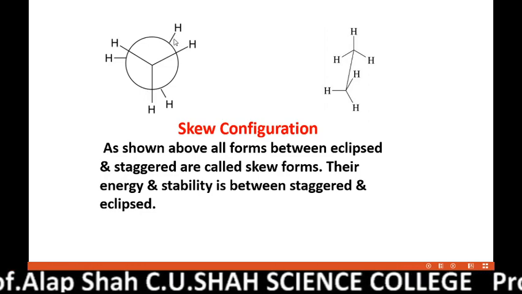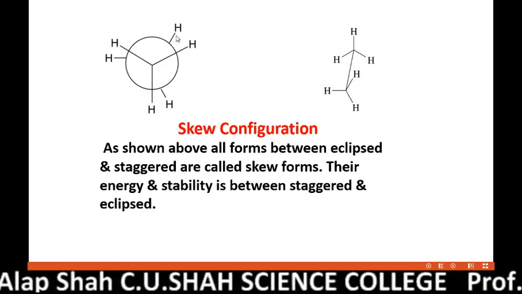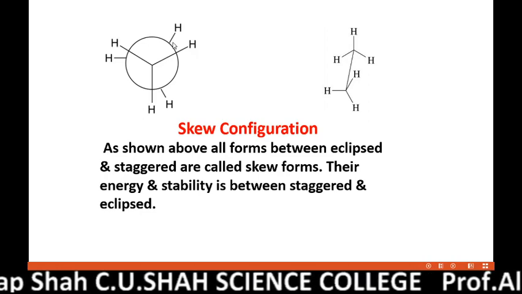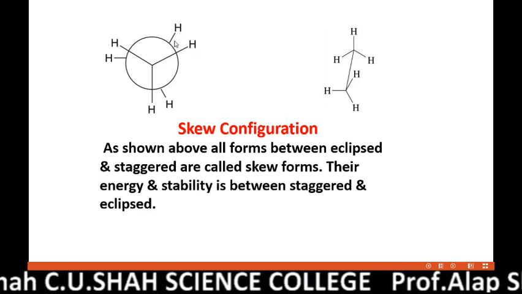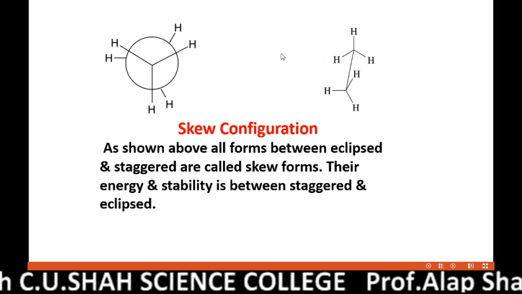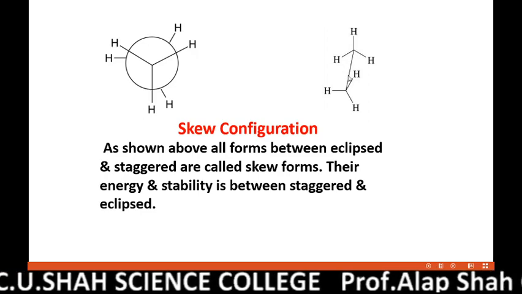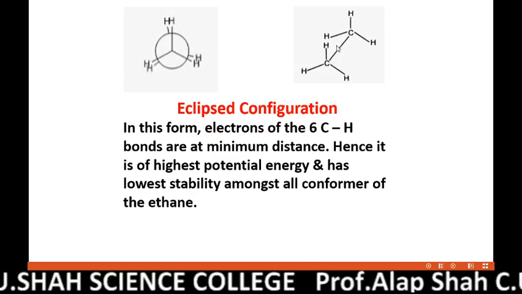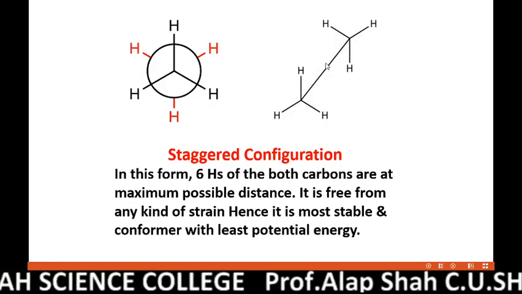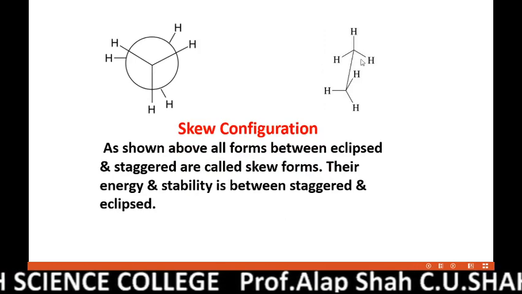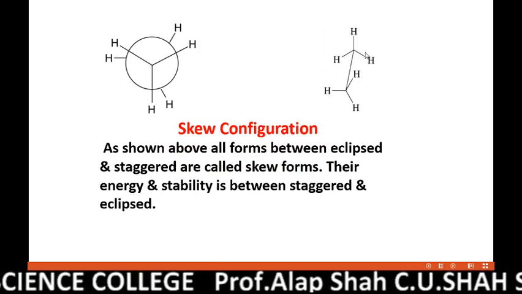This is neither fully staggered nor eclipse, but it is the situation in between the two. Similarly, in the Sawhorse projection also, see this is eclipse and this is fully staggered, but this is the in-between situation.